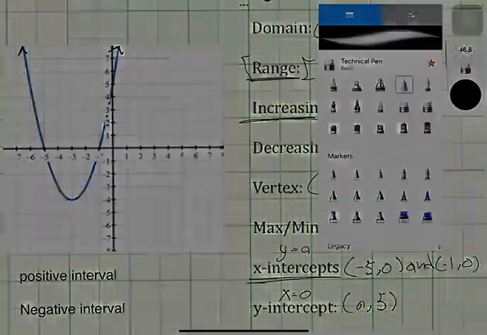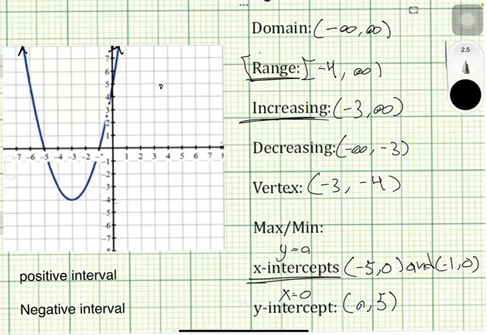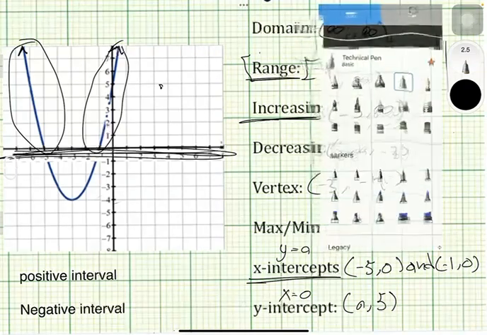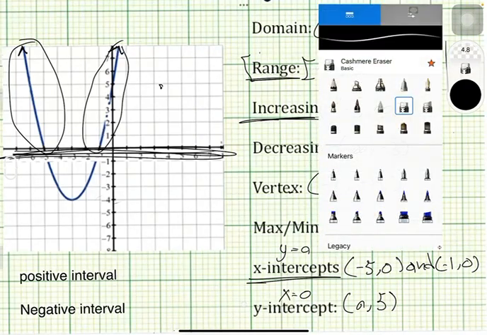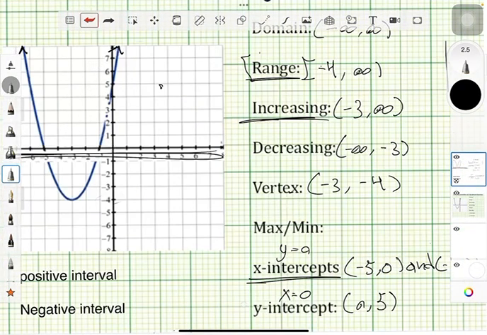Okay, now the positive interval. The positive interval is simply the part of the line that is above the x-axis. As you can see here, this is the x-axis, and these are the parts of the line that are on top of the x-axis. So if you want to find the positive interval, you will look above the x-axis.